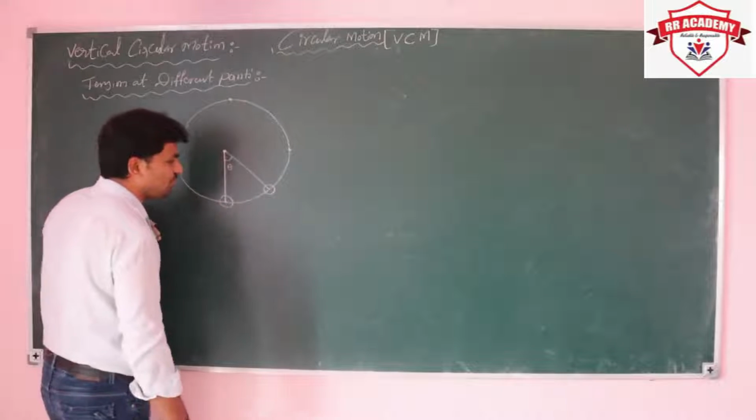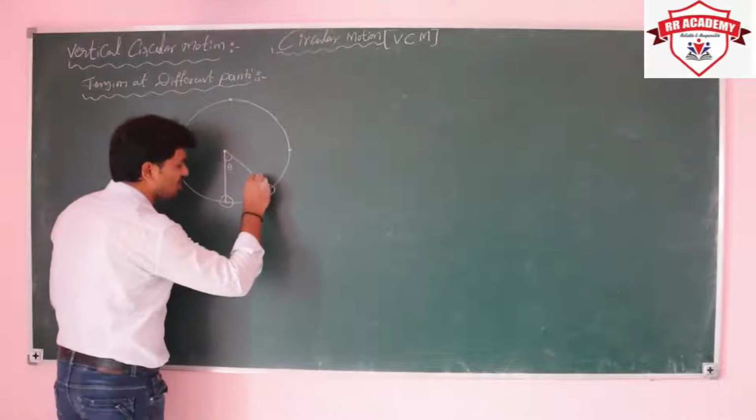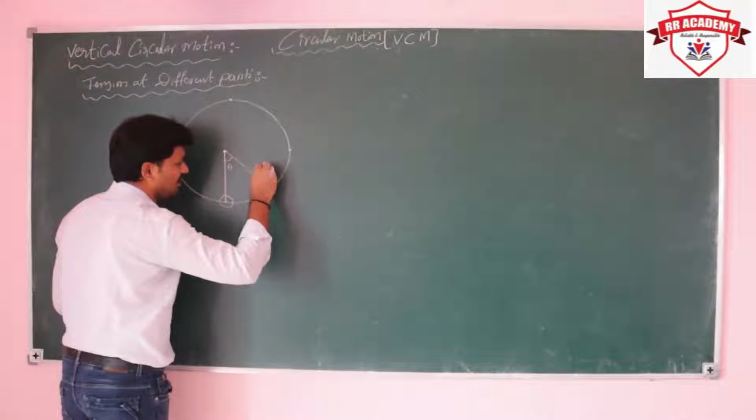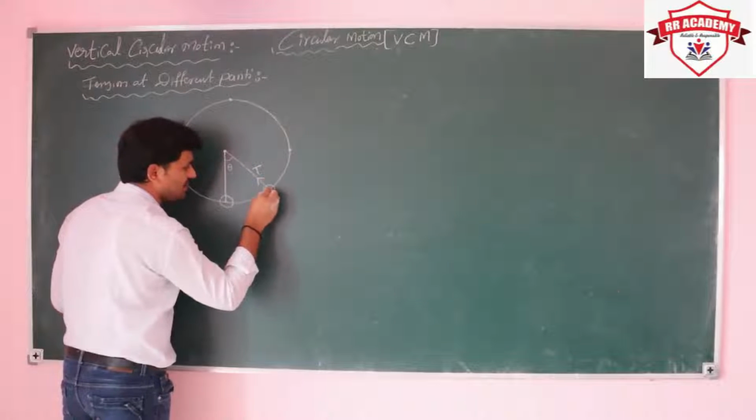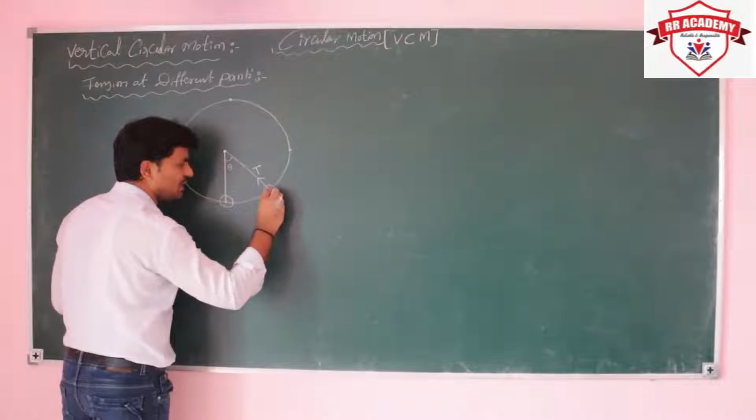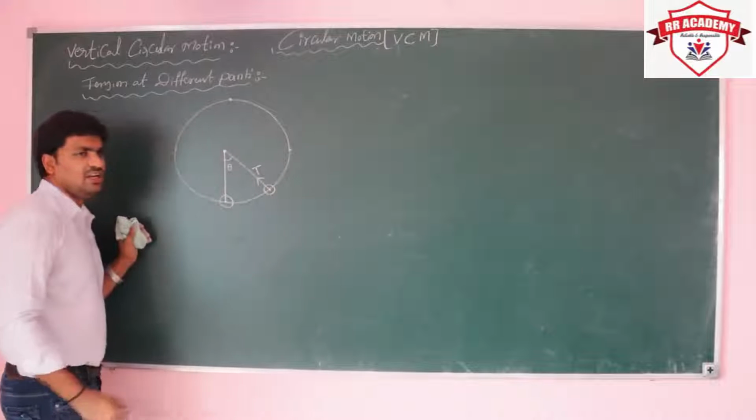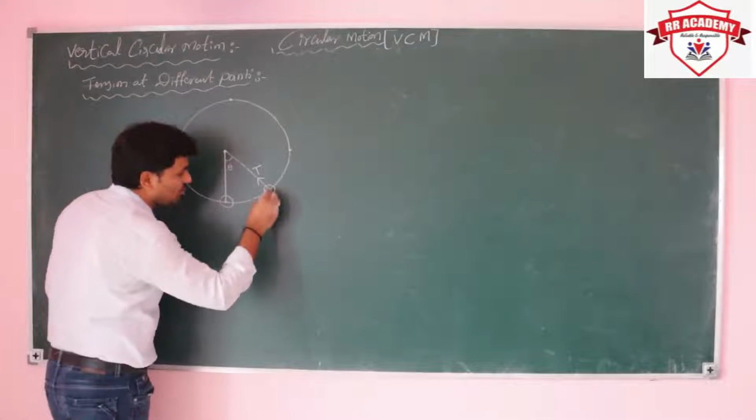Generally we know that the direction of the tension is always away from the fixed point. Here it is the fixed point. If you imagine, this is the direction of the tension. And what about the weight?